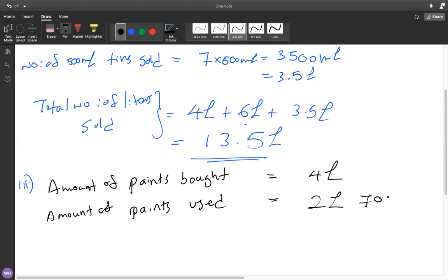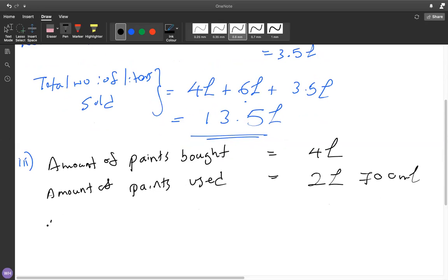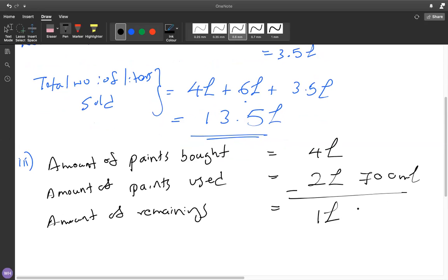So what you have to do is simply subtract to find the amount of remainings. So what you have to do is simply subtract this. How much did you get? 1 liter and 300 milliliters.